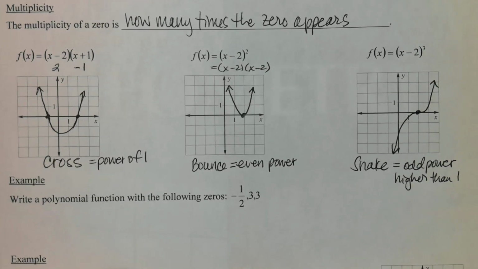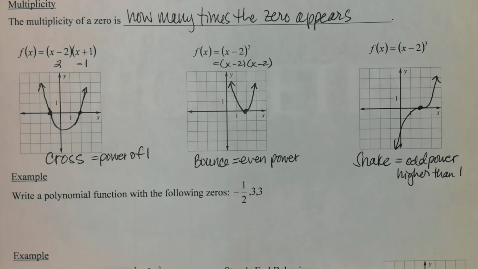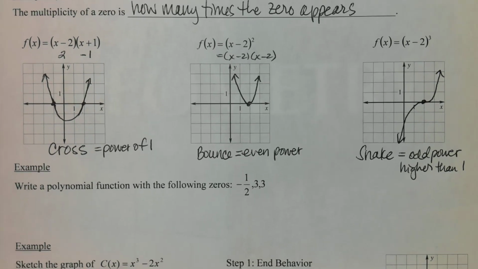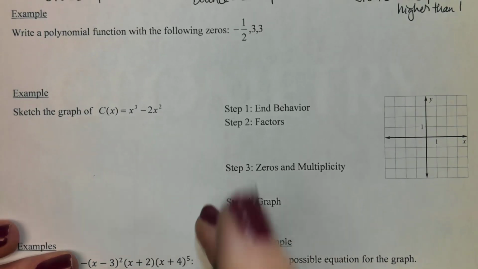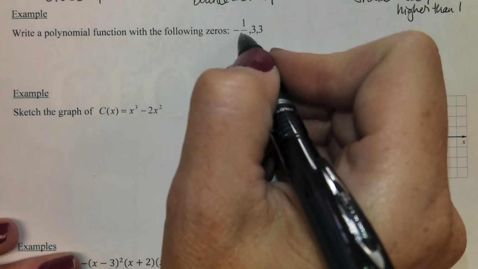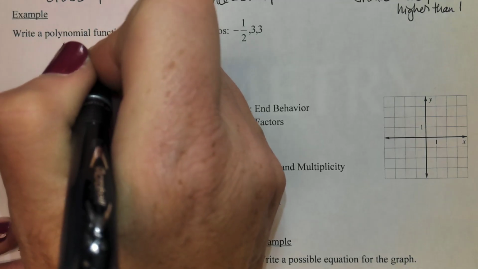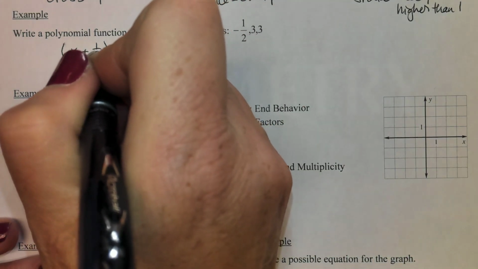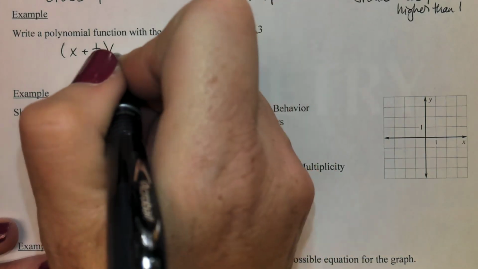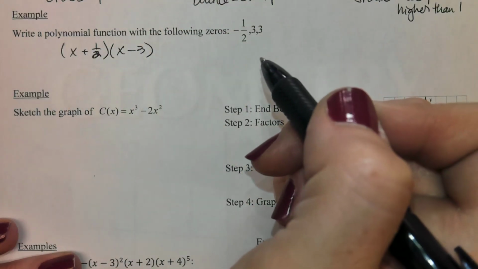And that's what we're going to be dealing with today, all of our multiplicities and how they would look on a graph. So the first one says, can you write a polynomial function with the following zeros? Well, if I know that is a 0, then this has to be the factor. Oops, sorry, that's a 2, not a 3. If that's a 0, then that has to be the factor.